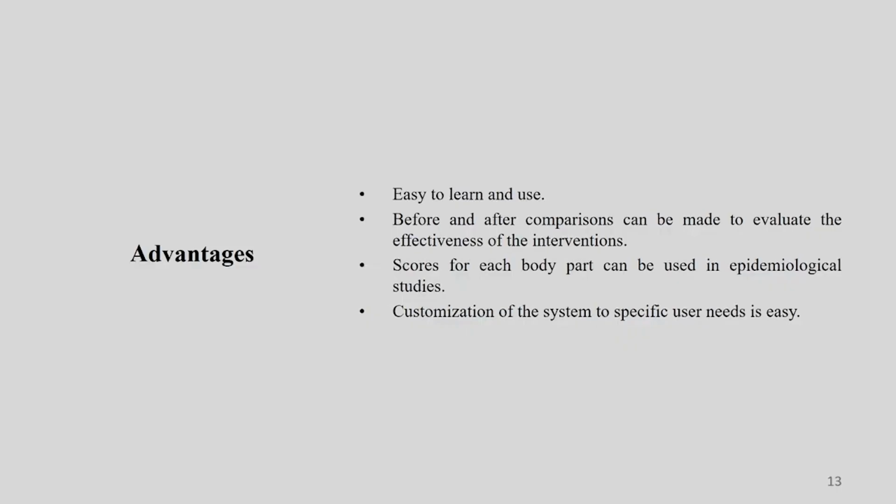Understanding that will give you a better understanding of the epidemiological studies in that particular sector. And customization of the system to specific users' needs is very easy. You can do that very quickly. So those are the advantages.